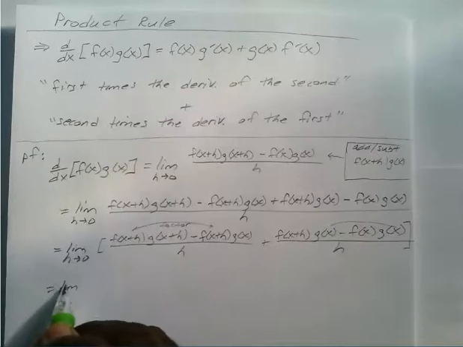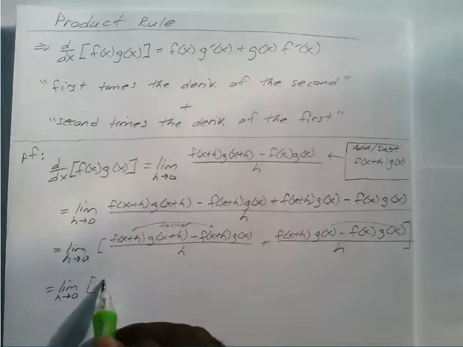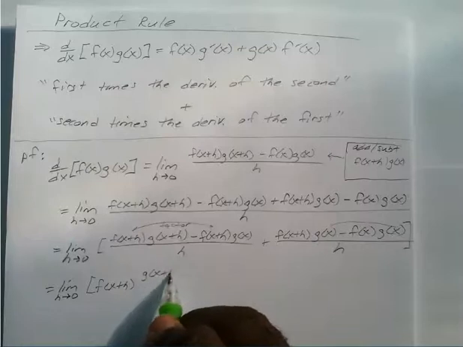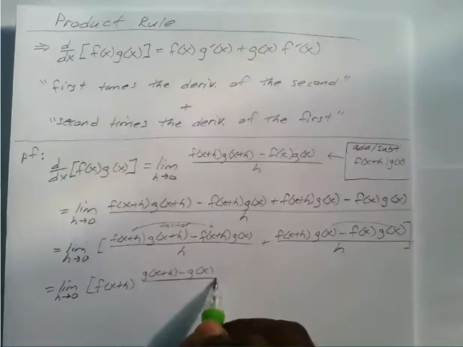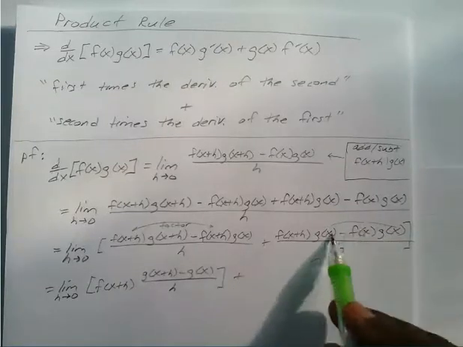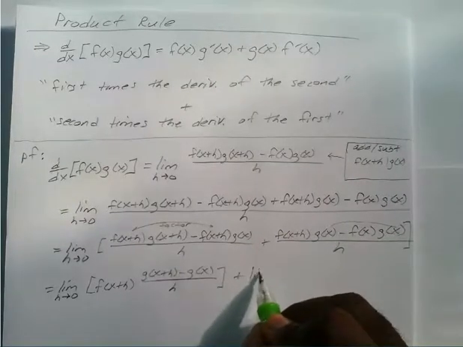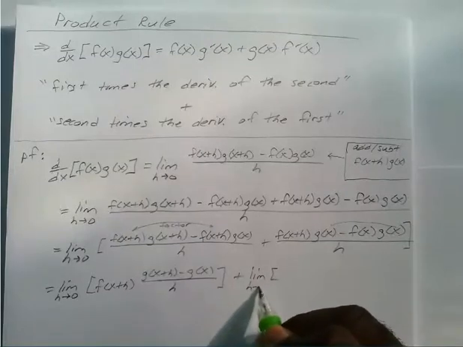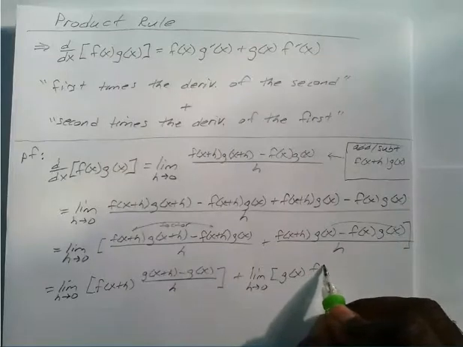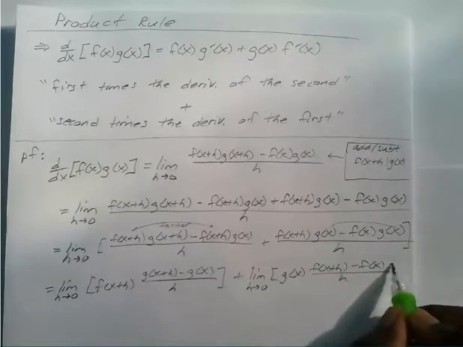So we have the limit as h approaches 0 of f of x plus h times g of x plus h minus g of x all over h, plus, remember here we factor out the g of x, so you have the limit as h approaches 0 of g of x times f of x plus h minus f of x all over h.